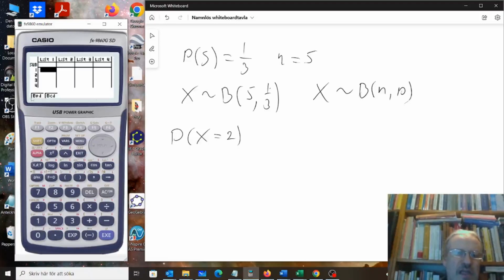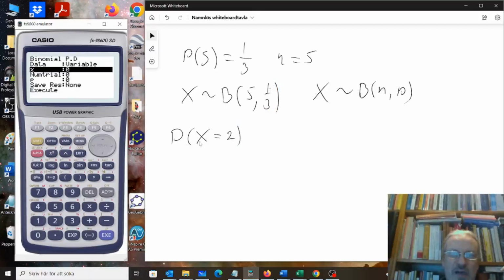This first one here is the binomial probability distribution. The second one is for the cumulative distribution. We'll look at that in a moment. We'll choose the first one, and I will change this to var. X here, that is the x over here, right? So we write 2.